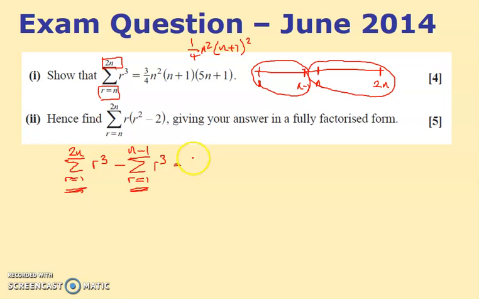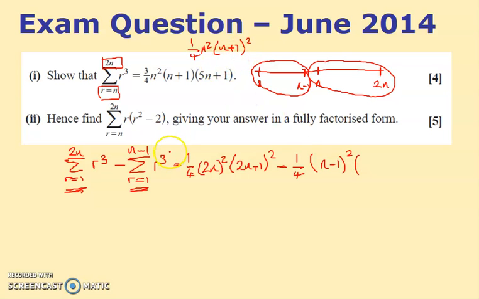So up to 2n, remember the formula for the r cubes is a quarter n squared, n plus 1 squared. It's actually a nicer formula than the squared ones. So it's a quarter. Now it goes up to 2n, so I've got to do 2n squared. And normally it's n plus 1, but for me it's going to be 2n plus 1 squared, minus a quarter. And I've got to sub n minus 1 into there, so it's n minus 1 squared.